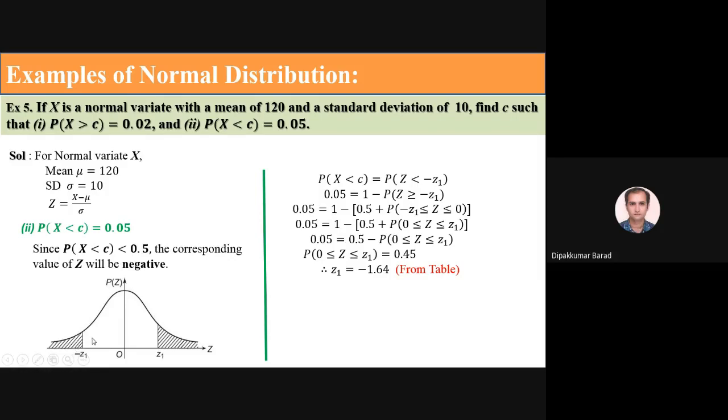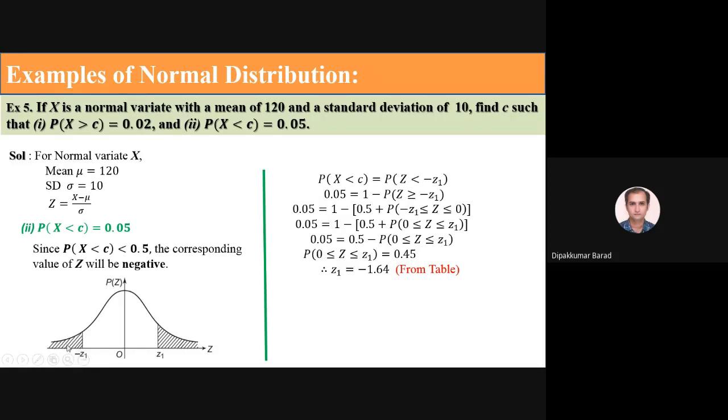If I look at the whole graph, which is 1, and from 1 I subtract P of Z greater than minus Z1, then I get this area, which is 0.05.